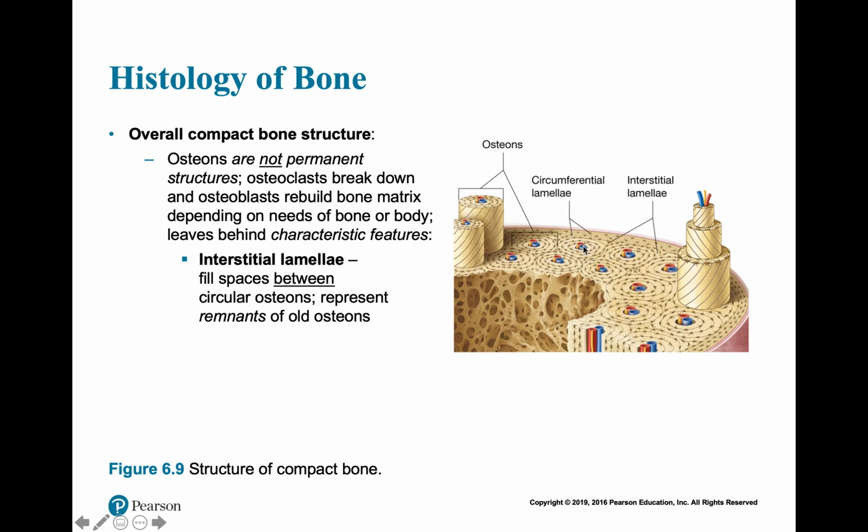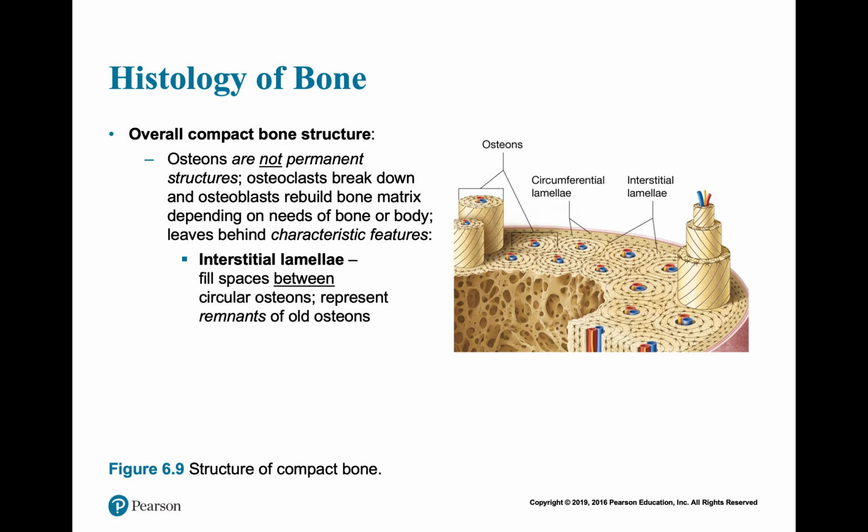Now, if you look at these functional units, these osteons, tree trunk, tree trunk, tree trunk, you'll notice that there are some lamellae that are kind of in between the osteons, but they don't form circles. These are what's called interstitial lamellae, and they are remnants of old osteons. Remember, bone is dynamic.